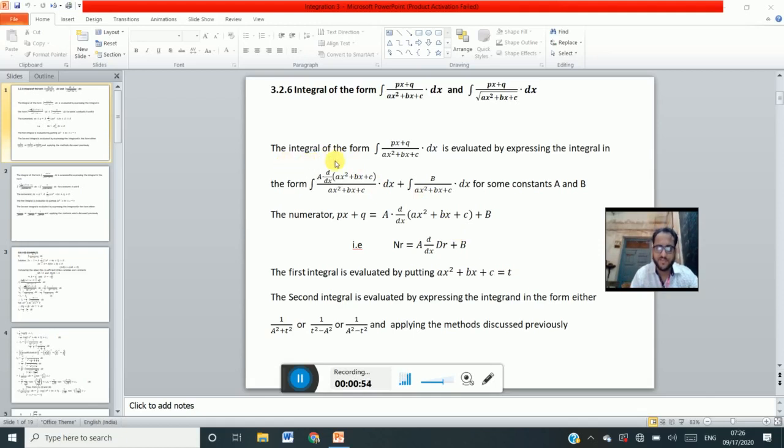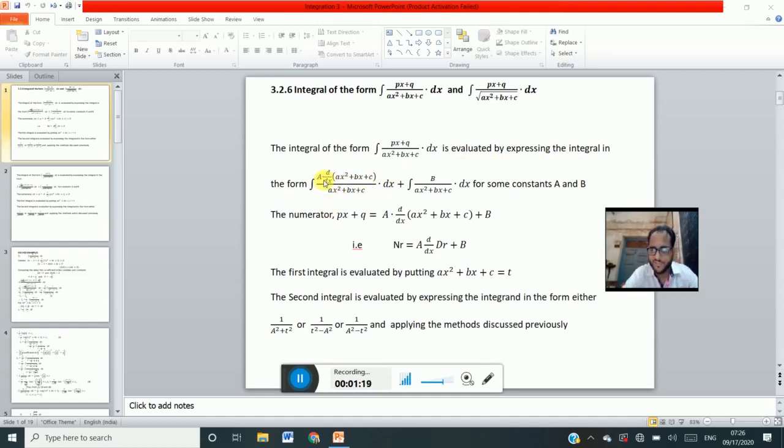See, the integral of the form integration px plus q upon ax square plus bx plus c. Here p, q and a, b, c are constants, right. It is evaluated by expressing the integral in the form of integration of A into derivative of denominator divided by denominator. What is A here?